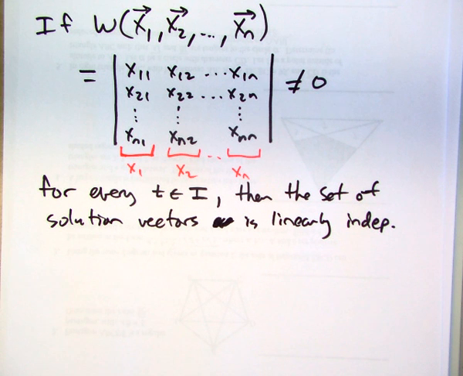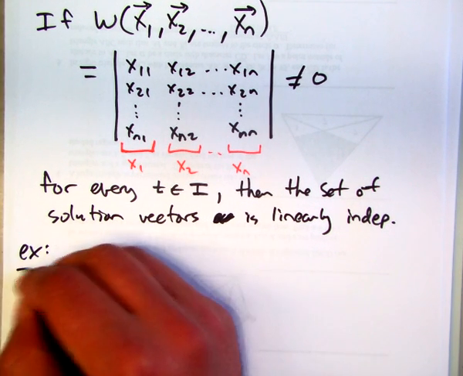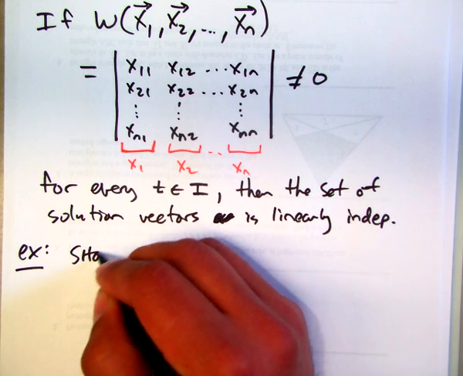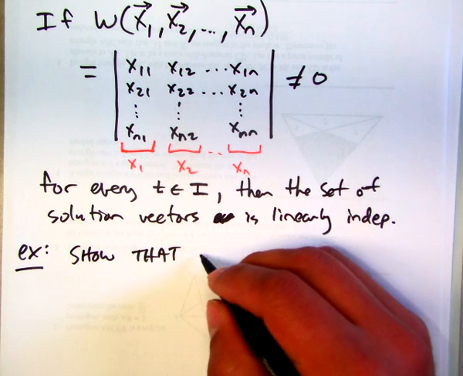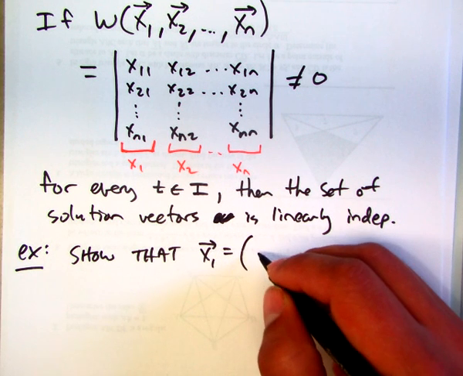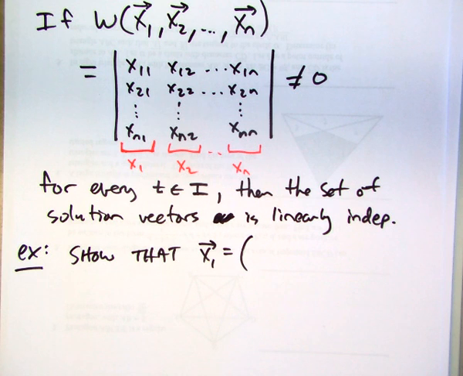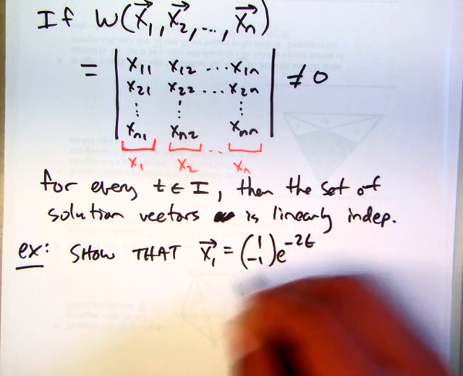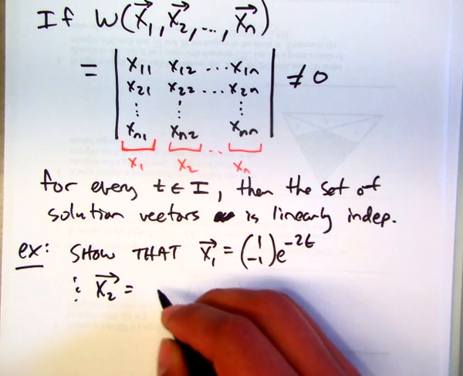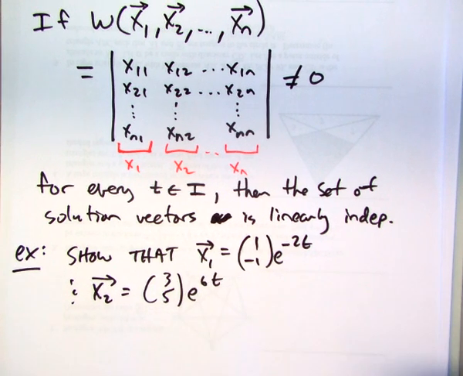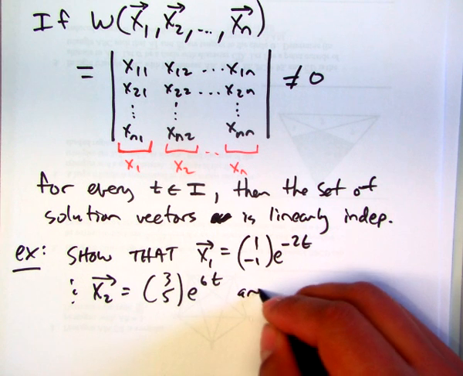We'll finish with an example and call it a day. Show that x1, so we're sticking with that same scenario from before, x1 equals (1, -1) e to the negative 2t, and x2 equals (3, 5) e to the 6t, are linearly independent.